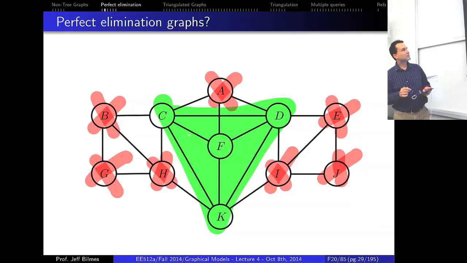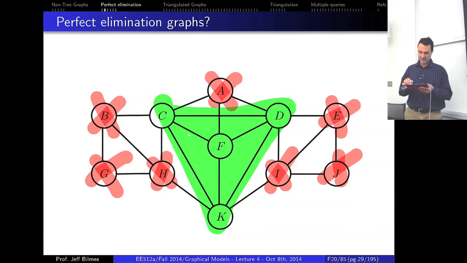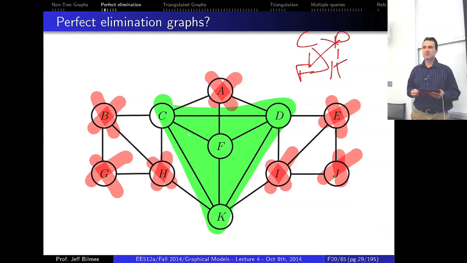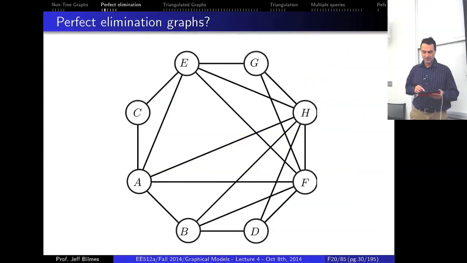Maybe it doesn't look like a 4 clique, but this is exactly the same as C, D, F, and K, where it's a 4 cycle where you have cross edges. So it's the same graph, just the vertices are in different positions. What about this? Is this a perfect elimination graph?